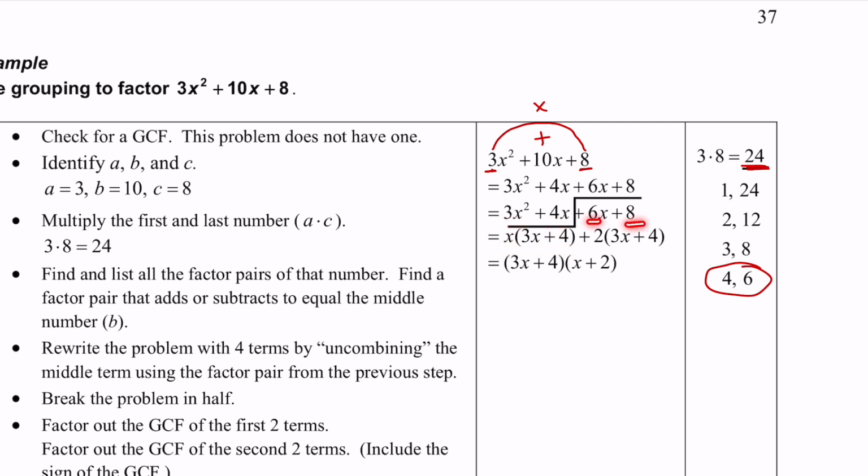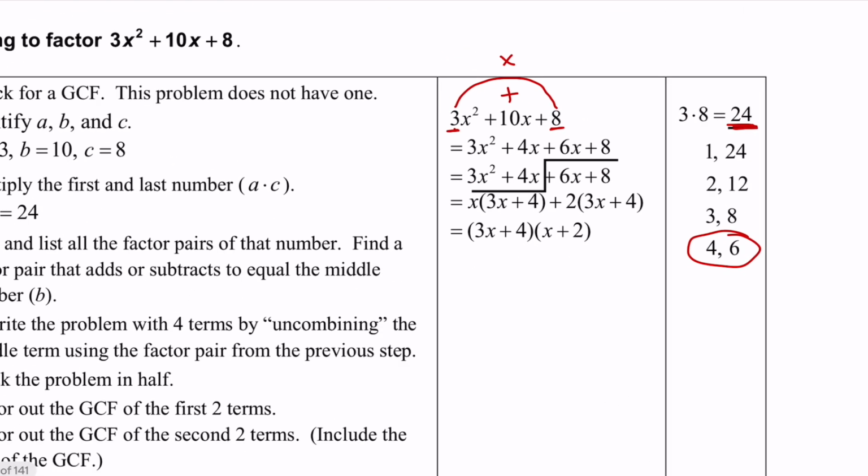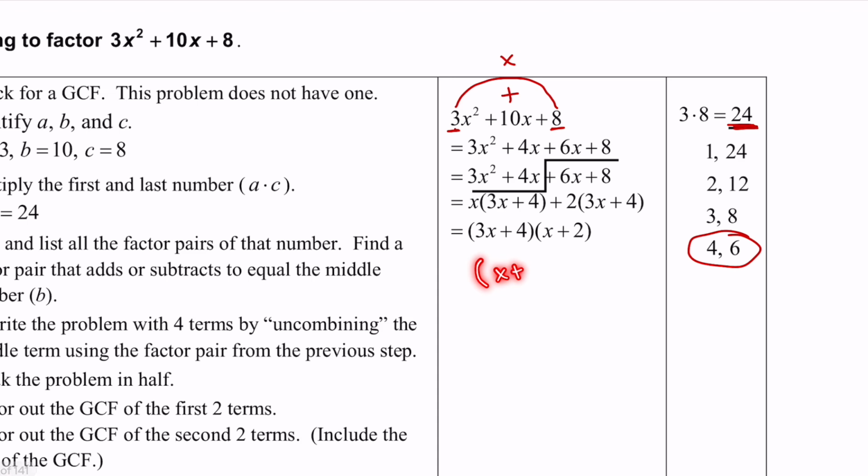Both 6 and 8 have a 2, and so we have 3x plus 4. We have an x plus 2 and a 3x plus 4 there. And if you have a 3x plus 4 and an x plus 2, those are going to be exactly the same as x plus 2 and 3x plus 4.